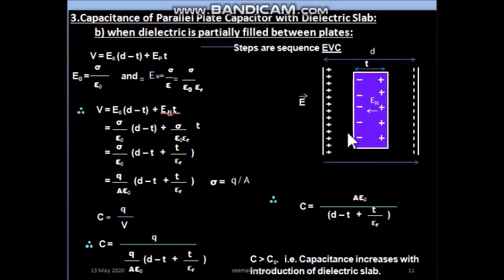So let us understand the diagram. First of all, as we already know, whenever we have two oppositely charged plates, then the electric field between the plates is E0, that is from positive plate to negative plate. And other than E0, here one more electric field is present, that is due to the polarization of dielectric.